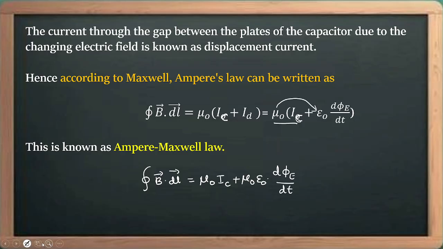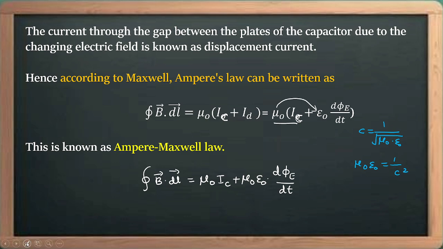We have one more formula, that is c is equal to 1 divided by the square root of mu naught into epsilon naught. So mu naught into epsilon naught is 1 divided by c square.